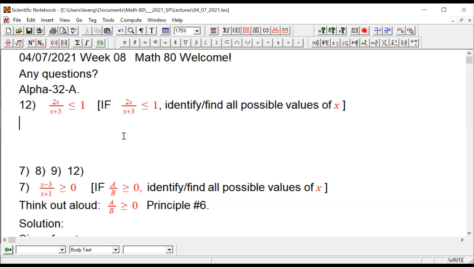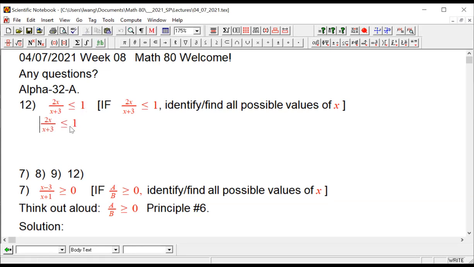So what do we do? You're not going to multiply both sides by x plus 3, right? Of course not. We don't know the sign of x plus 3. But what we can do is make 0: subtract 1 from both sides, so we have 2x over x plus 3 minus 1 less than or equal to 0. Are you guys following me? Write it down on your paper, please.